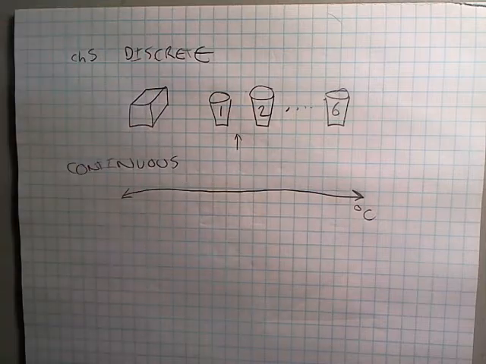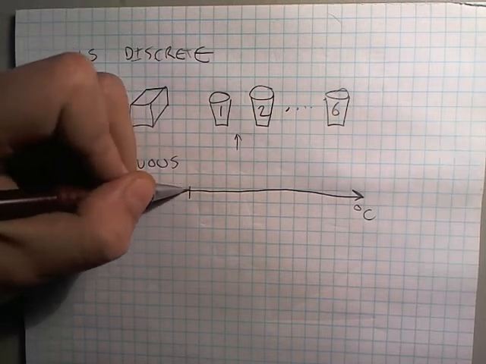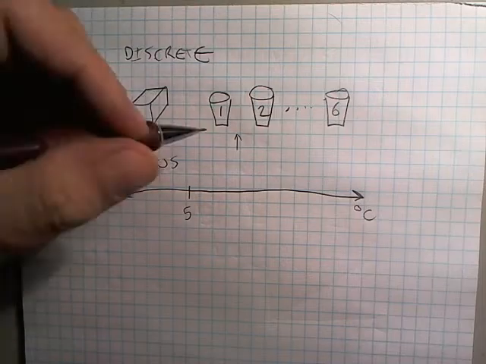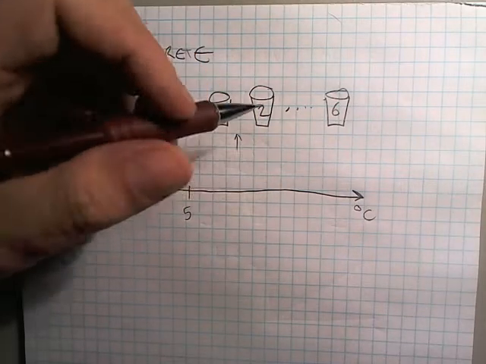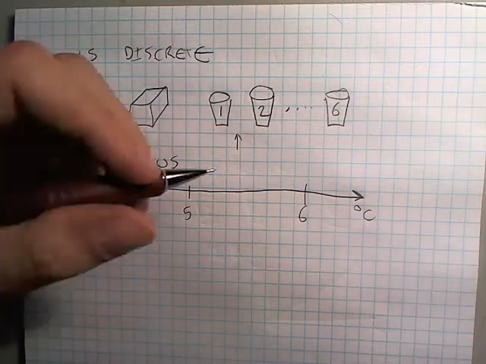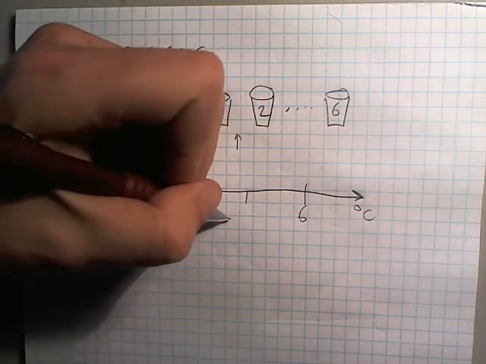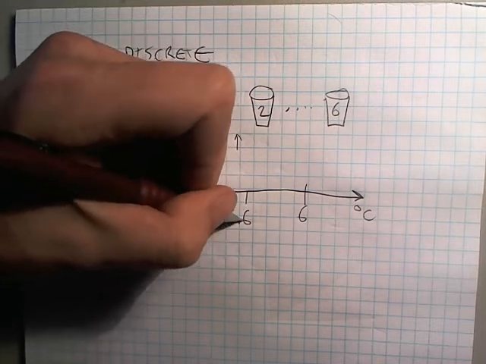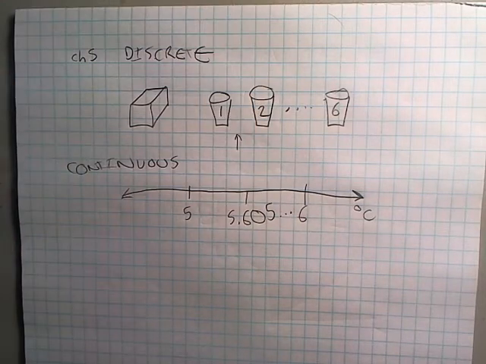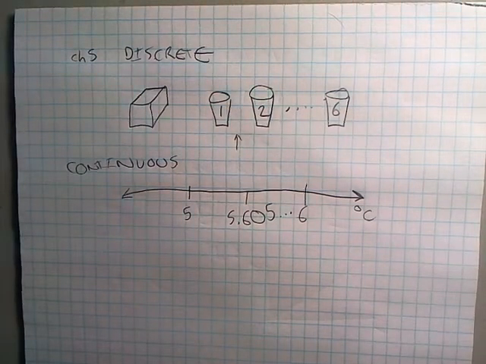Let's say that we measure the current temperature and decide that it's 5 degrees. If we take another measurement, maybe 6 degrees. If we're able to more precisely measure, we may be able to say that it's 5.605 degrees, and so on. So there can be an infinite number of values that a continuous variable can take.